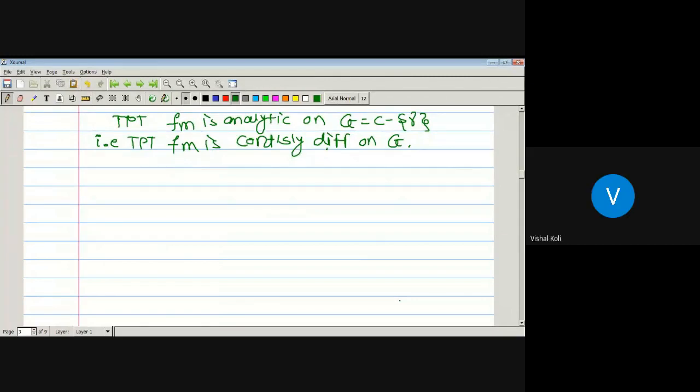Does that mean every differentiable function is continuously differentiable? Suppose f is a function which is defined from the closed interval 0 1 to the complex number system.